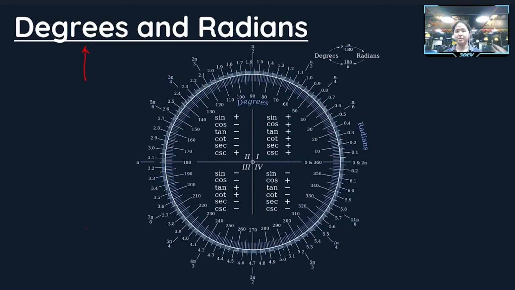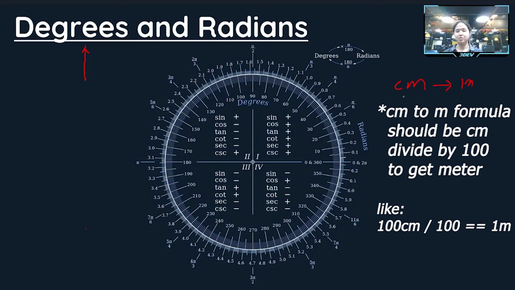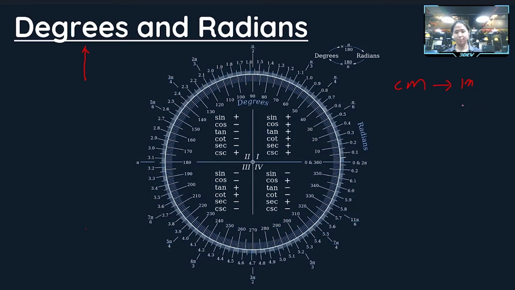To convert from degrees to radians, you take the degrees times pi divided by 180. Vice versa, to convert radians to degrees, you take radians times 180 divided by pi. Just like converting from meters to centimeters, you take meters times 100 to get the centimeter value. That's how you convert between both.